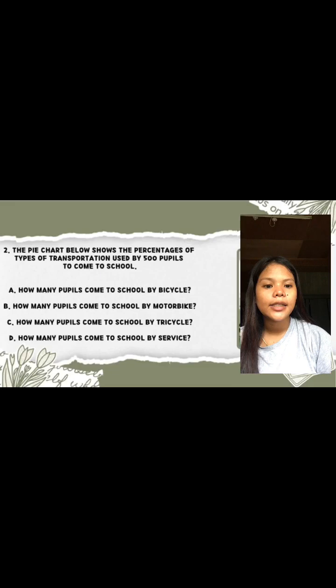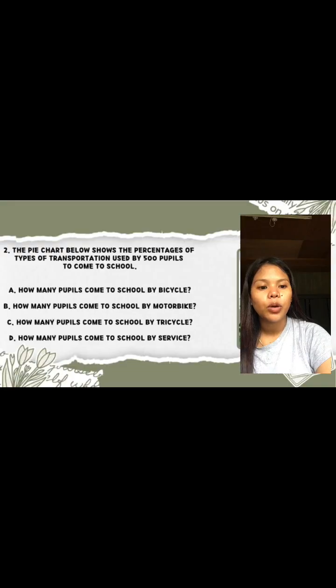So, next is number 2. The pie chart below shows the percentage of types of transportation used by 500 pupils to come to school. The questions are: how many pupils come to school by bicycle? Number 2, how many pupils come to school by motorbike?